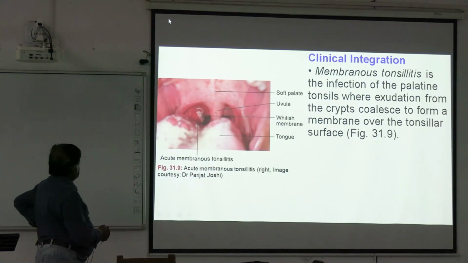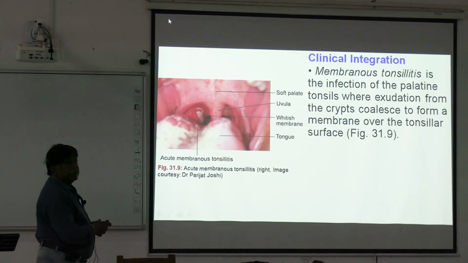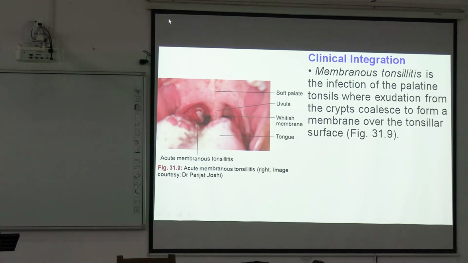Now, acute membranous tonsillitis, this whitish membrane. This is the tongue, the uvula, soft palate. When you examine, a child is brought to you with high fever, pyrexia.